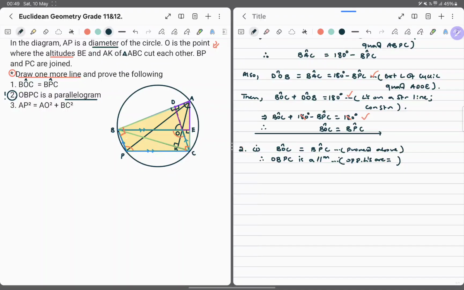Because have you ever seen a quadrilateral with opposite angles that are equal, which is not a parallelogram? I don't remember so. Yes, there are some special types of parallelograms like rectangles, where all the 4 corner angles are equal and they're 90 degrees.